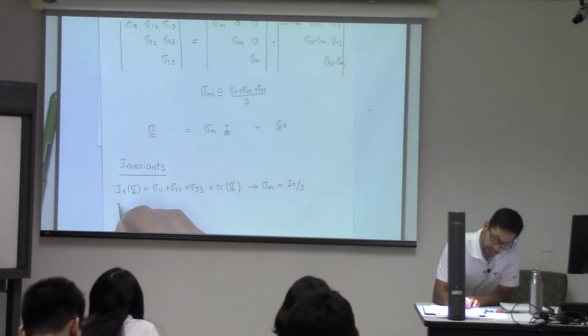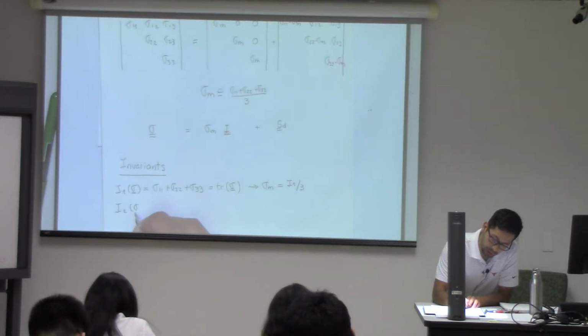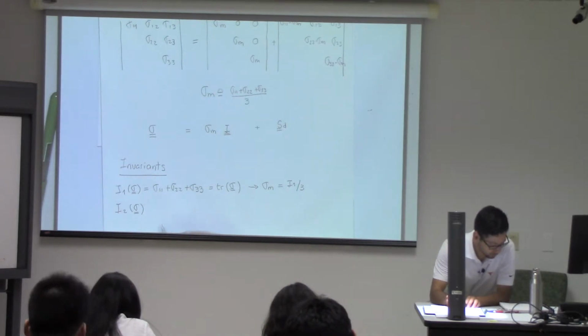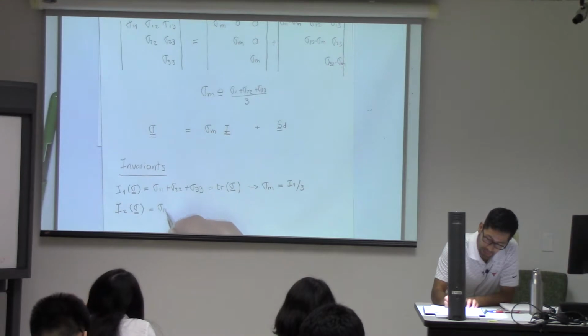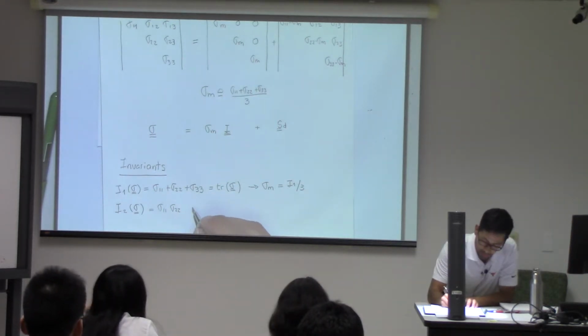The second invariant of the stress tensor is going to be, this is an equation I never remember, but you don't have to remember either. We're not going to use it very often.